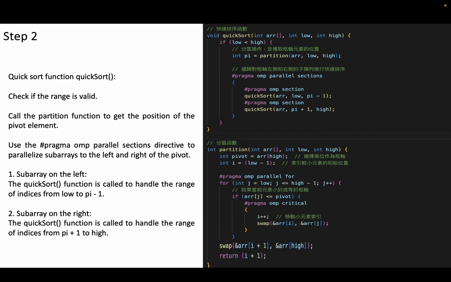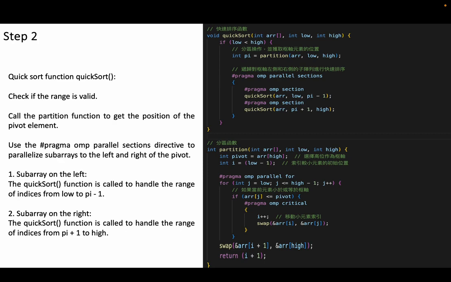The second function is the partition function. We set up the pivot as the array high, and we also set up i as low minus one. And we also use OpenMP to parallelize the for loop. Yeah, and in this for loop, we set j equal to low, and it will run while j is less than high minus one, and j will add one.